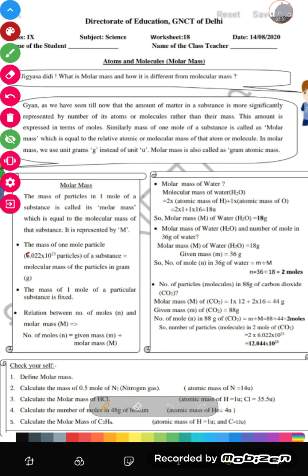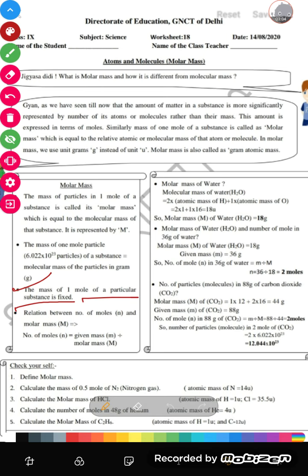The mass of 1 mole of particles is equal to 6.022 into 10 raised to power 23 particles of that substance, and it is equal to the molecular mass of that particle in grams. It should be written in grams. The mass of 1 mole of a particular substance is always fixed.